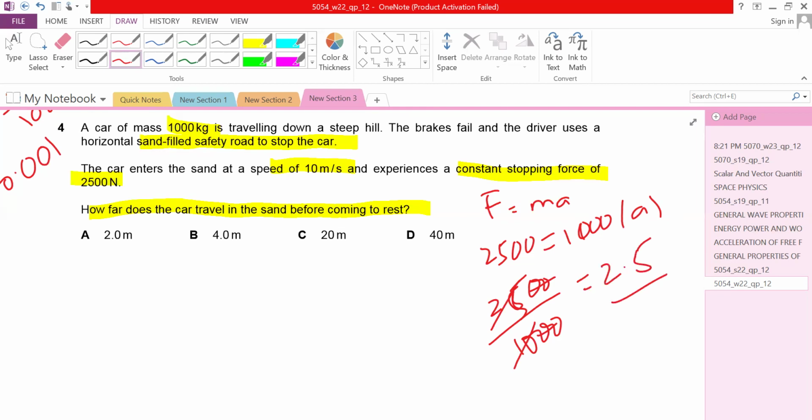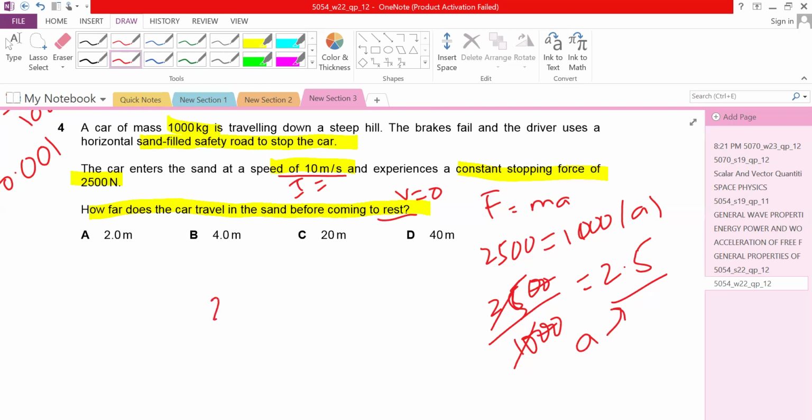So the acceleration is 2.5. The speed is given, 10, and the car comes to rest, which means the final velocity is 0 and the initial velocity is 10.